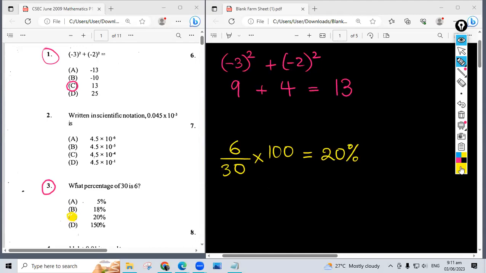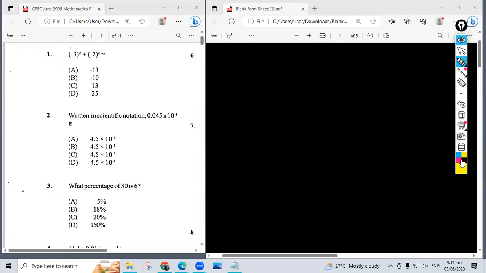But question 2, before I reveal the answer, I want to use it as an excuse to review it. So let's see what's going on here. You have 0.045 times 10 to the power minus 3.